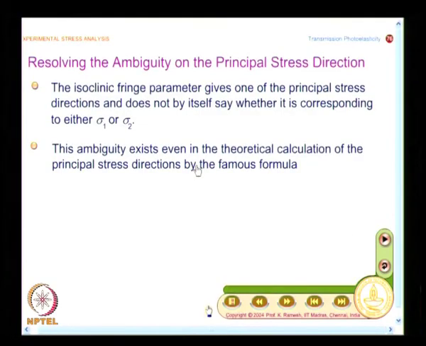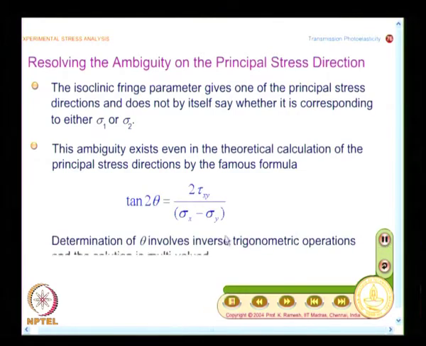I had mentioned a long time back that you need a calibration of the polariscope to do this. Is this a problem only in the experimental approach? No. We have also seen that the ambiguity exists even in the theoretical calculation of the principal stress directions by the famous formula you all know, tan 2 theta equal to 2 tau xy divided by sigma x minus sigma y.